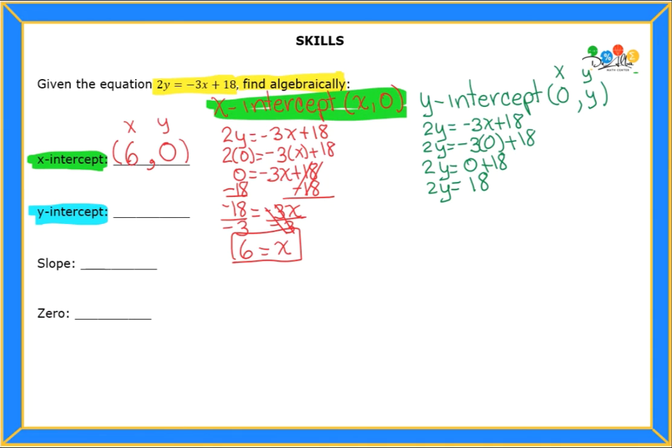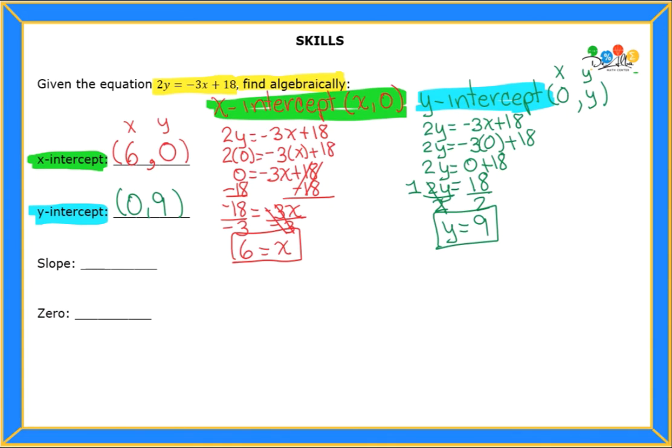Next, I need to divide by 2 to get rid of the coefficient 2. 2 divided by 2 is 1, which is the same as y equals 9. So my y-intercept is 0 and 9.